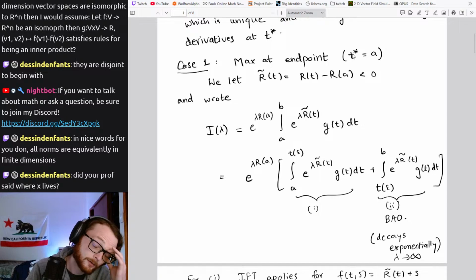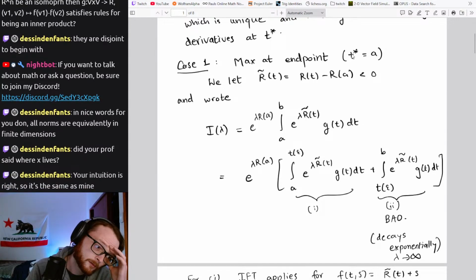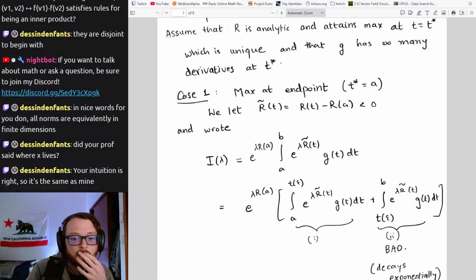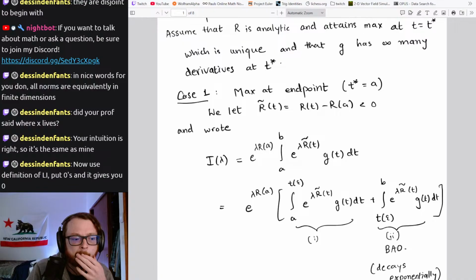So wait, did I? Hmm. I'm getting confused about what to do with this integral now.